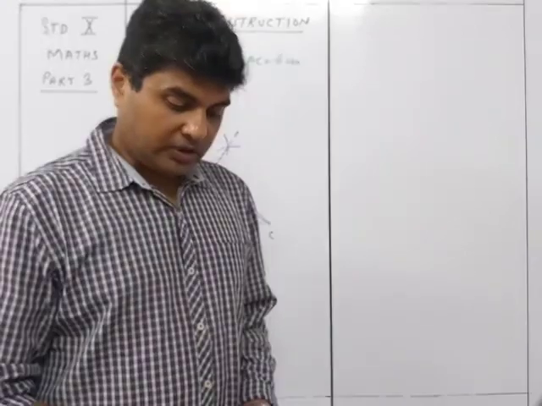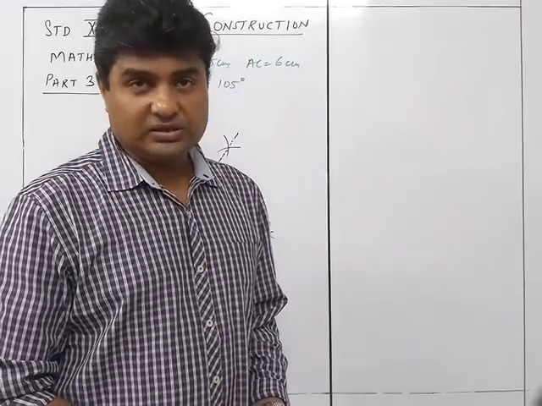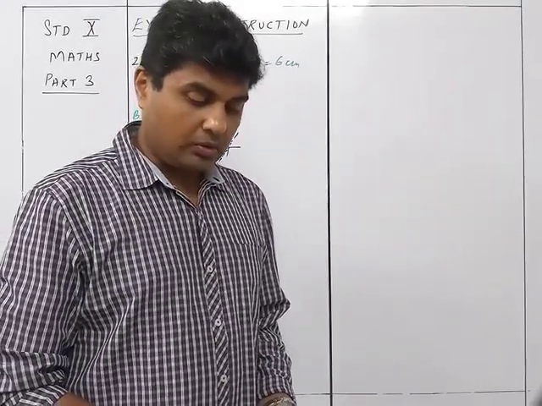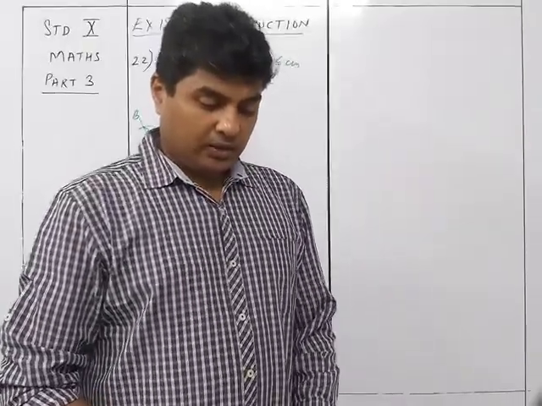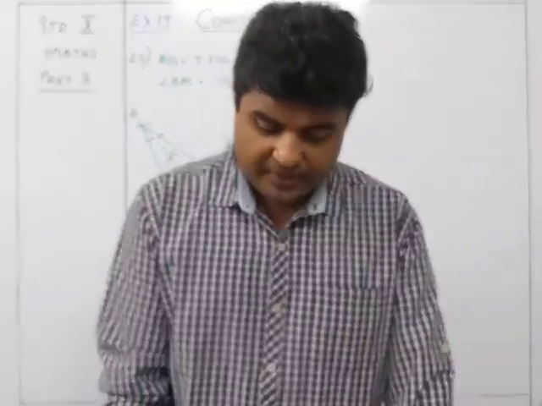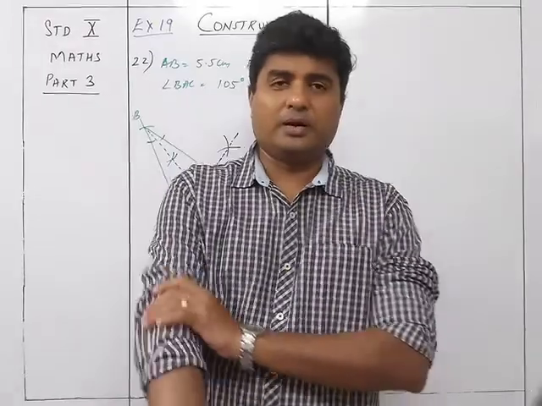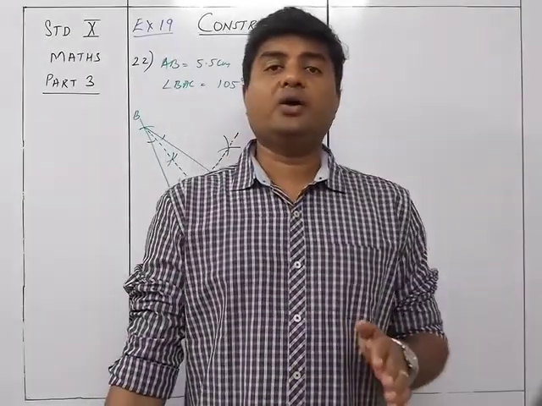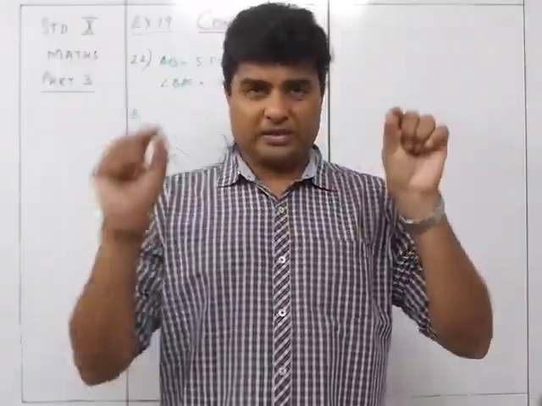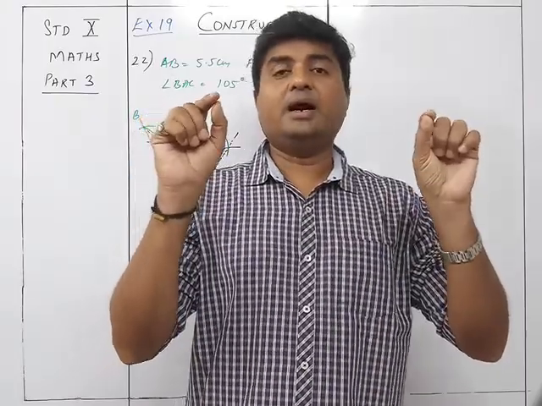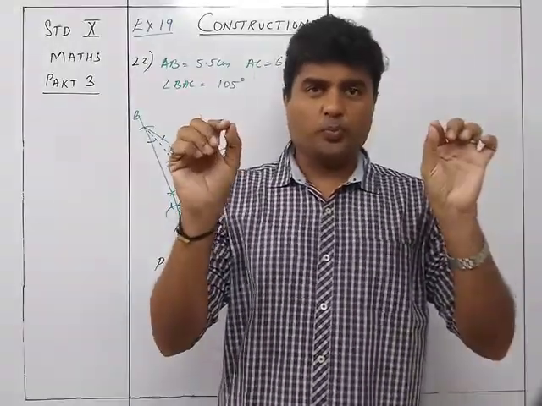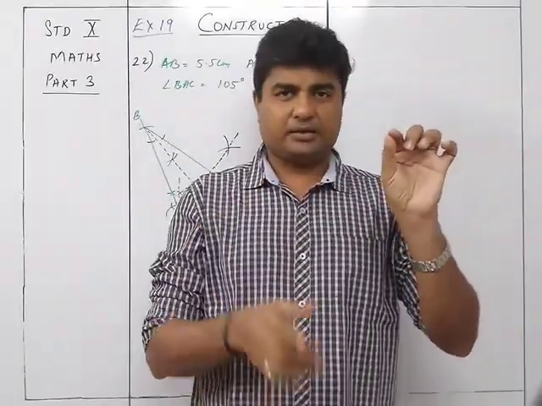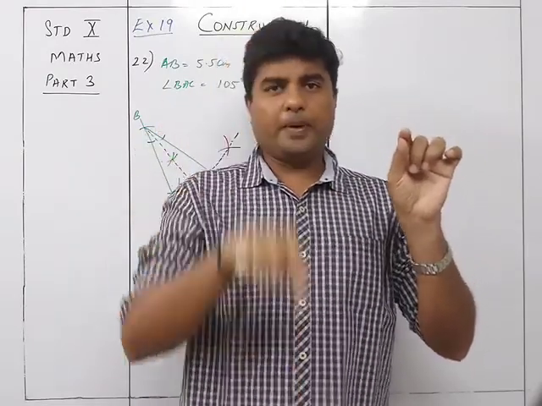Okay. So sum number 22 was related to locus. So always remember this thing. If you are learning locus, fine. But if you have not learned locus, then remember this thing, that if I have got 2 points, then the locus of the 2 points is the perpendicular bisector.